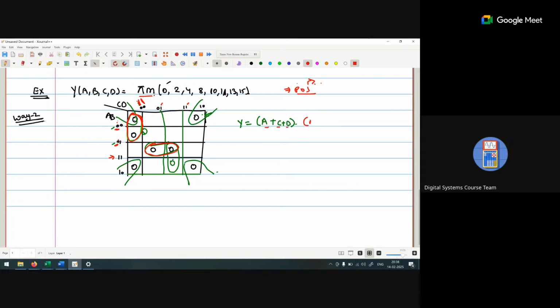A is constant, so I am taking A. B is constant, I am taking B, and last D is constant, so I take D. It is a max term, so it becomes plus. Now what is the value? The value of A is 1, so I'm using A bar. The value of B is 1, so I'm using B bar, and the value of D is 1, so I'm using D bar. Now clear?